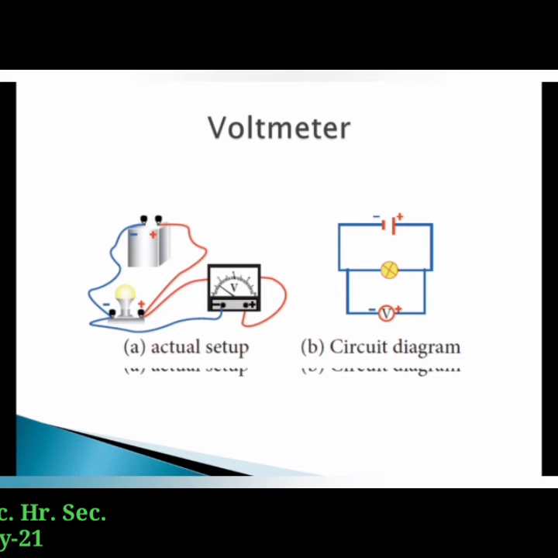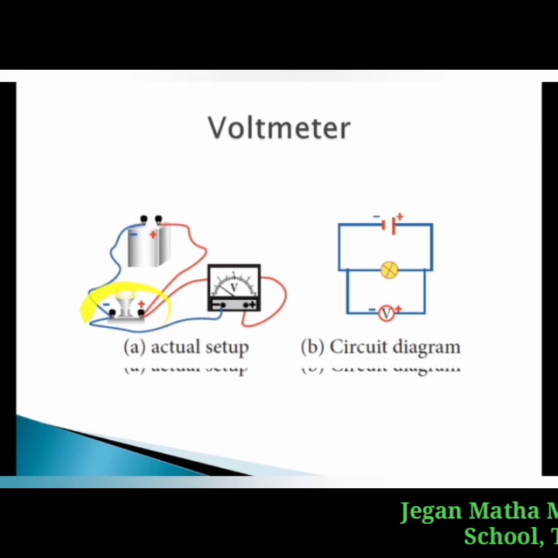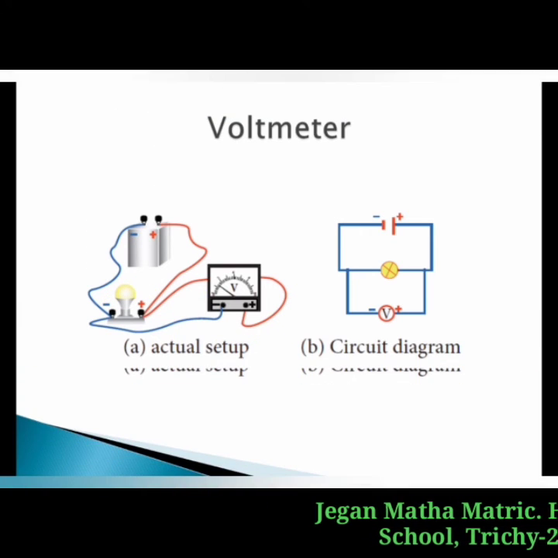For example, if you want to measure the potential difference across a light bulb, you need to connect the voltmeter as given in this picture. The actual setup is like this. So here we want to measure the potential difference across the light bulb. So here we connect the voltmeter across these two terminals. So that is parallel.